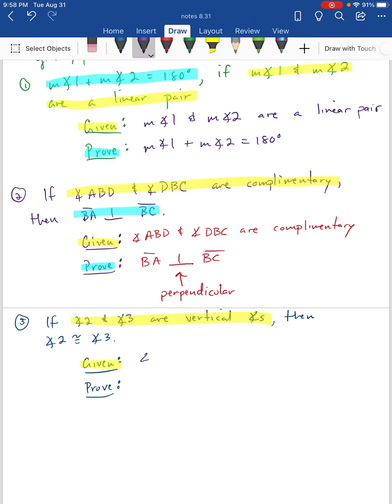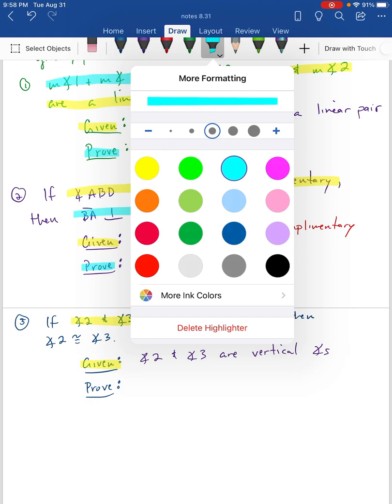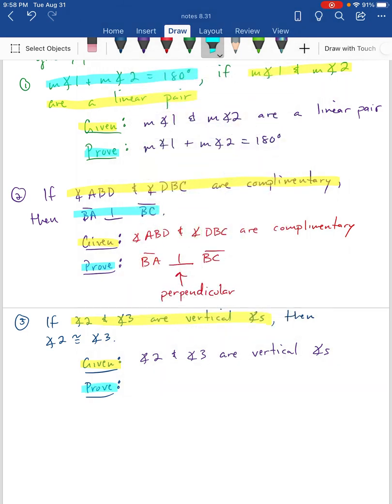So my given information is angle 2 and angle 3 are vertical angles. And last but not least, my prove or my conclusion is everything after the then, which is that angle 2 and angle 3 are congruent. Okay, that's it for this lesson, guys.